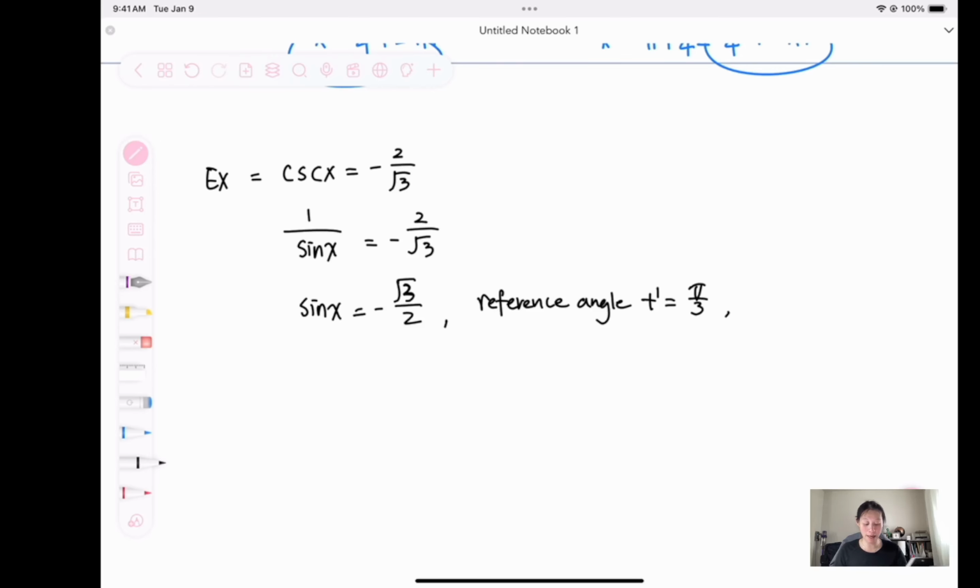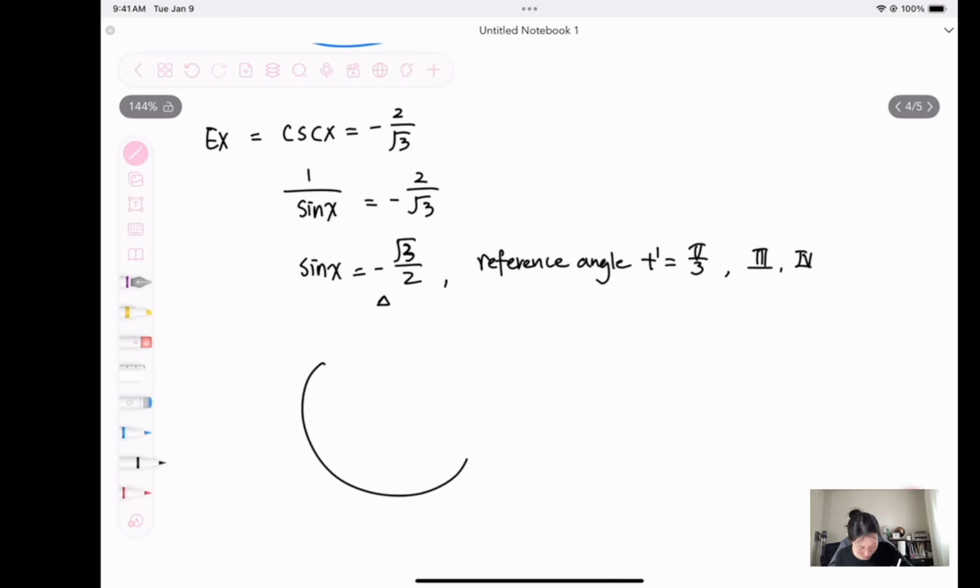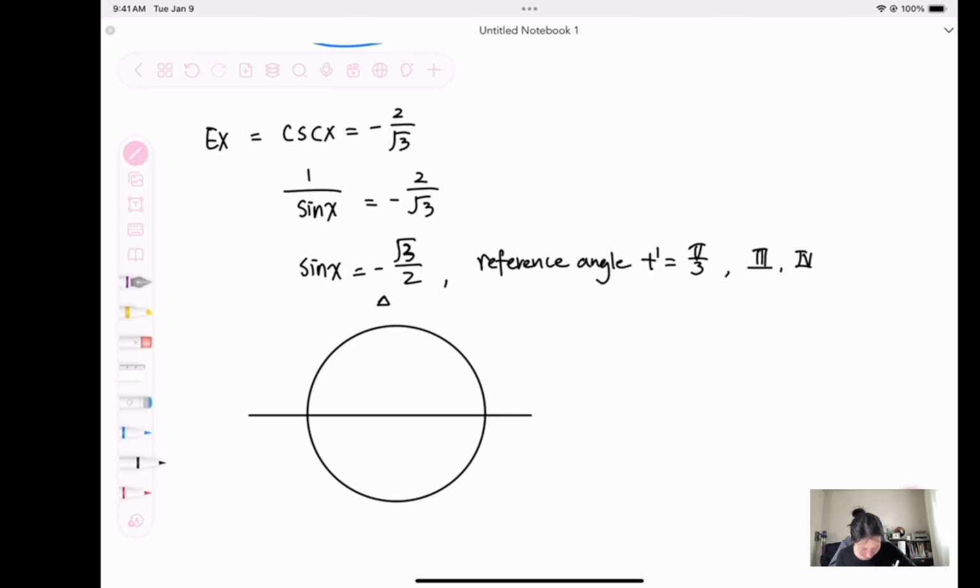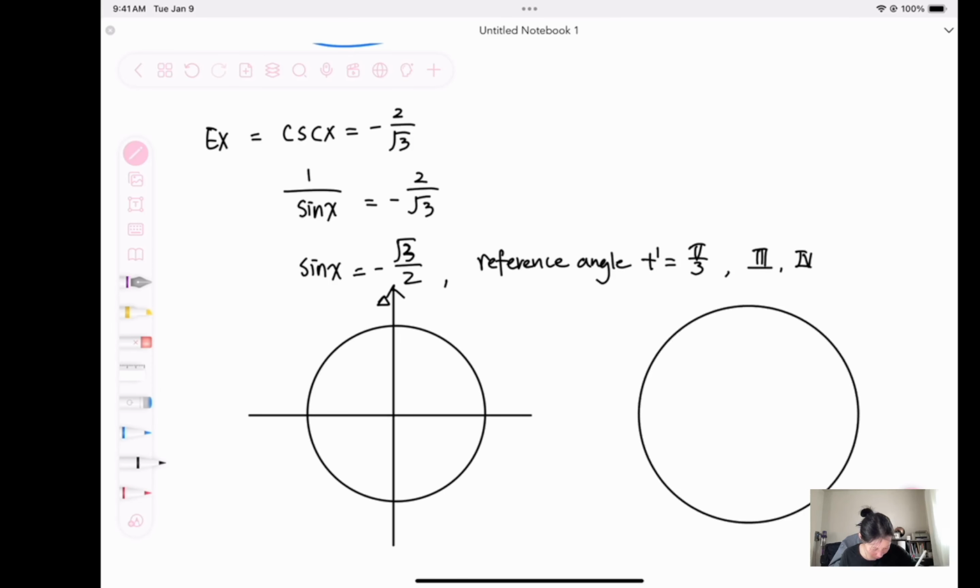Second is, I know that since sine x equals a negative number, this is going to be in the third and the fourth quadrant. Now, let's draw the graph. First solution in the third quadrant. Second one in the fourth quadrant, and they both have a reference angle equal to pi over 3.